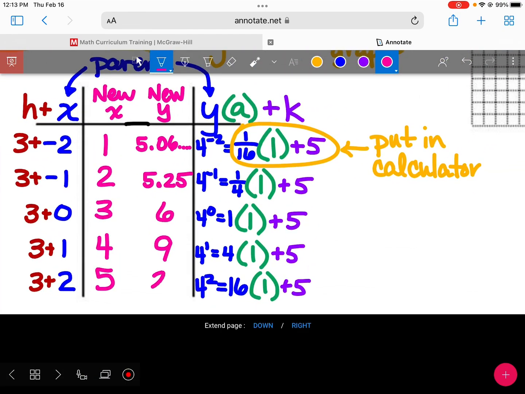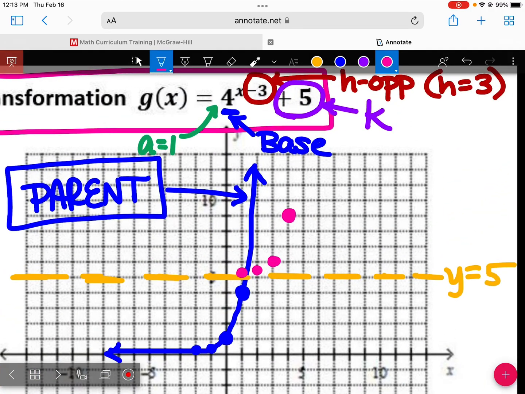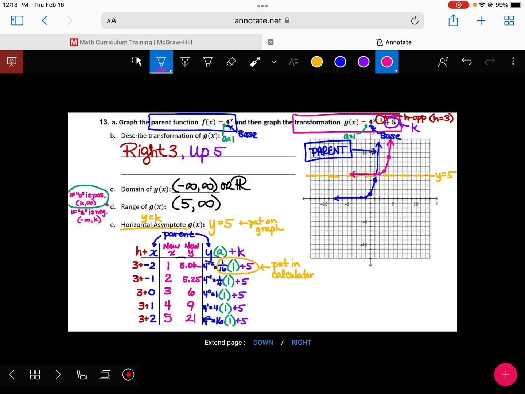The last one's 21. Can I get that one on my graph? Nope. So I don't worry about it. It lays flat along that asymptote. We're not allowed to cross it. And it curves through these points. And that is my graph.